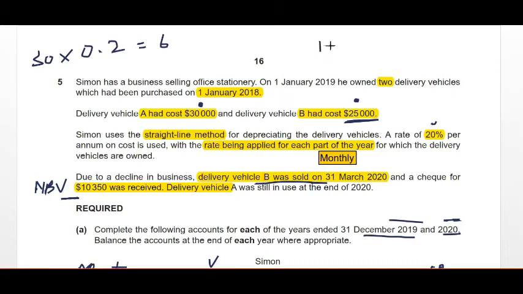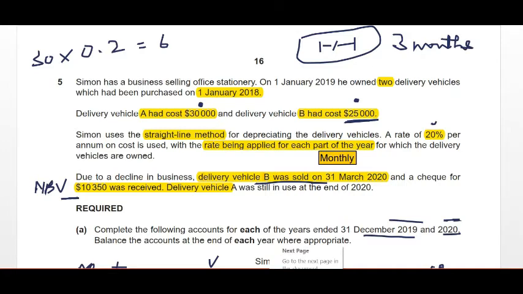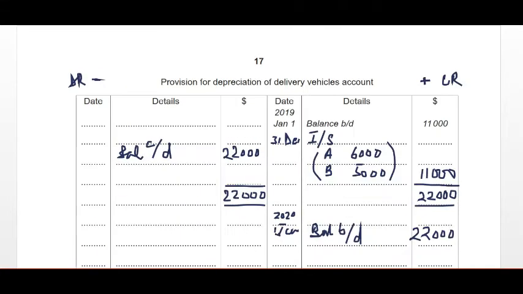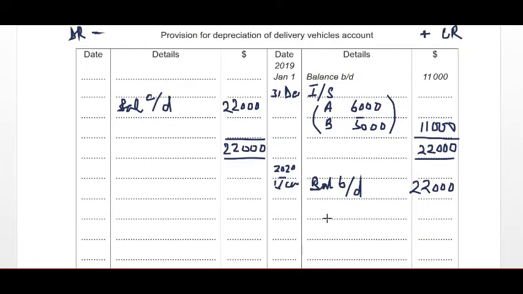So suppose Jan, February and March, we know that we used that asset for 3 months. Now if you are using that for 3 months, that means you need to record its depreciation also for 3 months. And other than that, the total depreciation for that vehicle will be written off. So calculating, we can calculate this as 31st March.